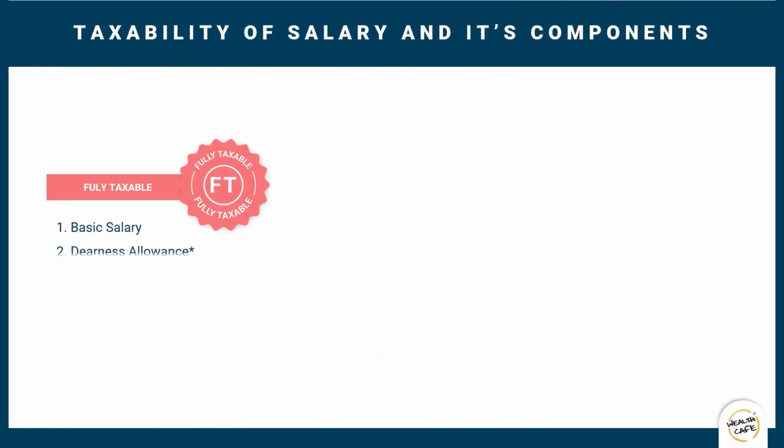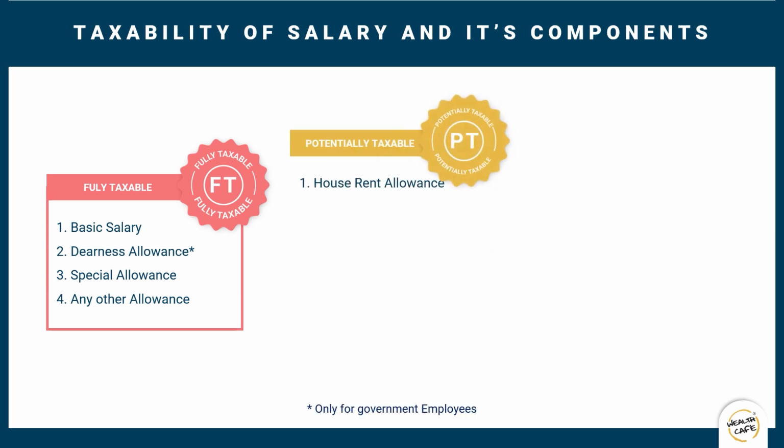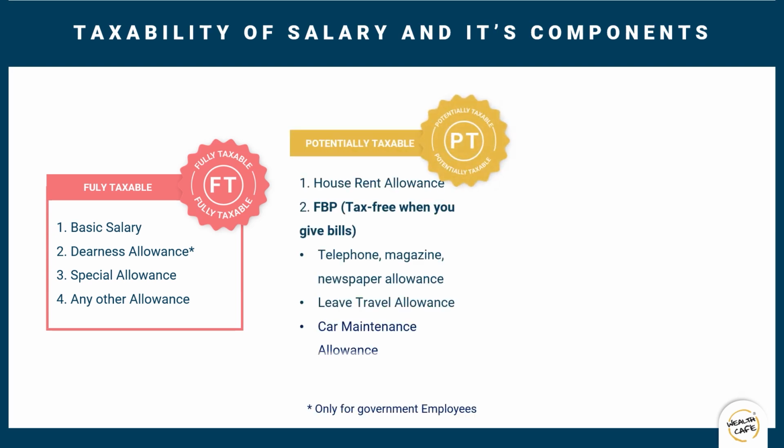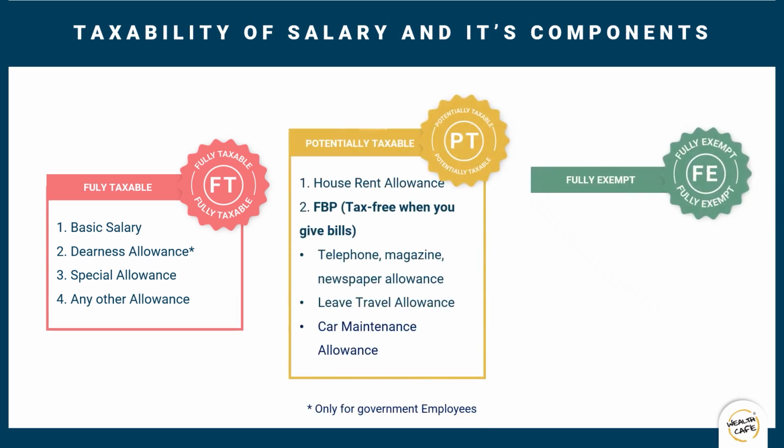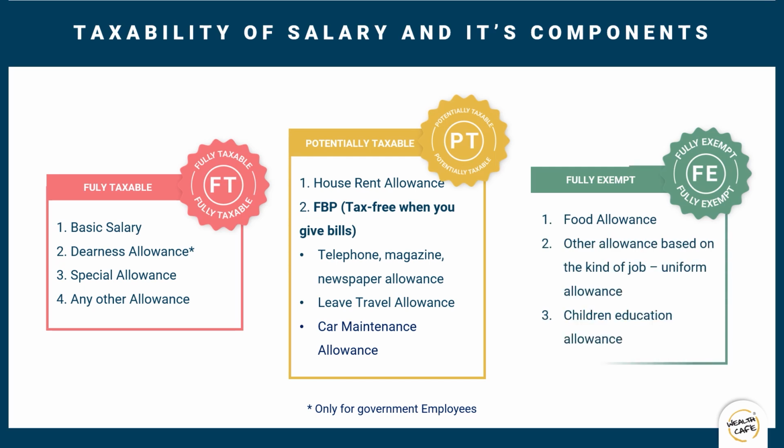To help you reduce the taxability of the various components in your salary, let's group your various components into those that are fully taxable and those that are potentially taxable. Those components that are potentially taxable are where you would like to put your attention and focus, so that they are the ones which are going to help you reduce your tax liability.